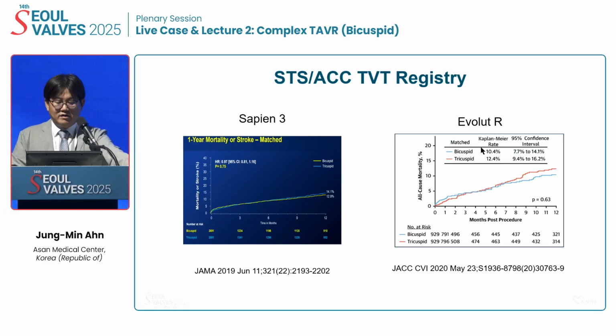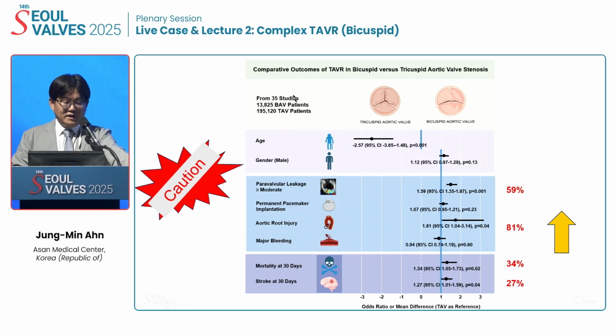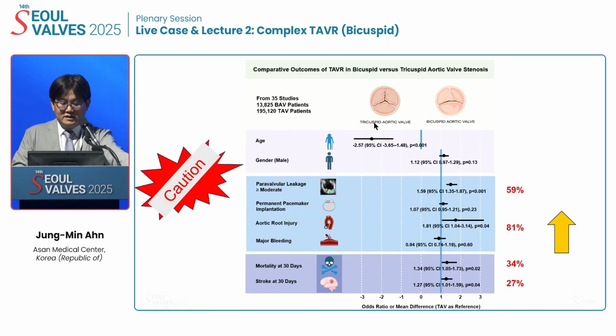But in our meta-analysis, including 13,000 bicuspid aortic valve patients and 195,000 tricuspid aortic valve TAVR patients from 35 studies, we found that significant PVL increased in bicuspid TAVR, with no difference in PPM rate. Aortic root injury increased in the bicuspid TAVR population, and major bleeding showed no difference.